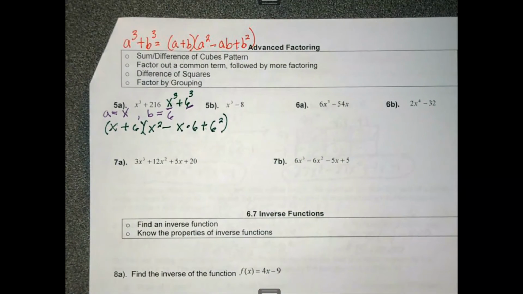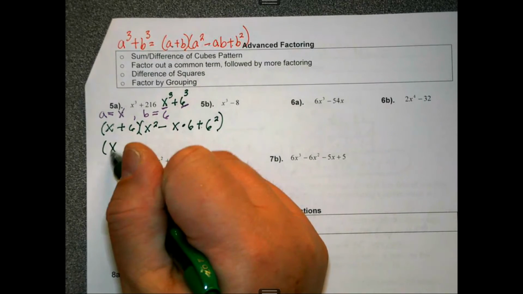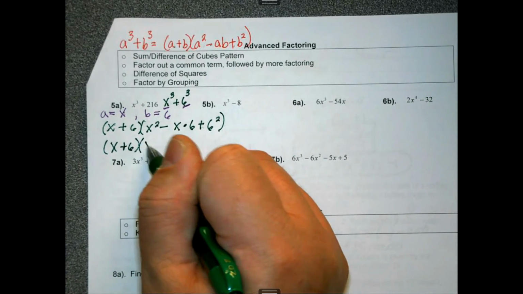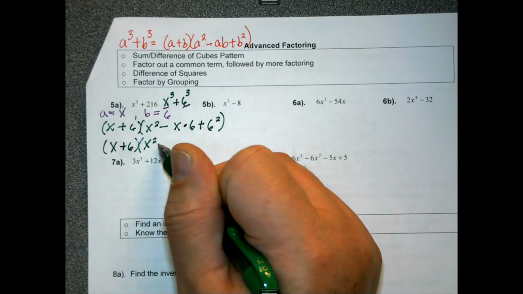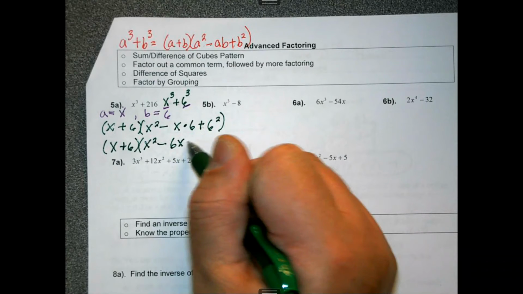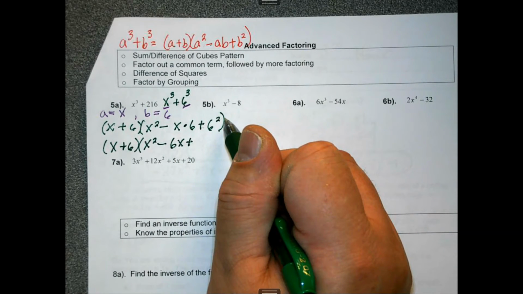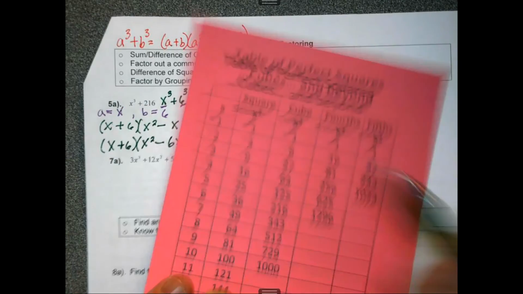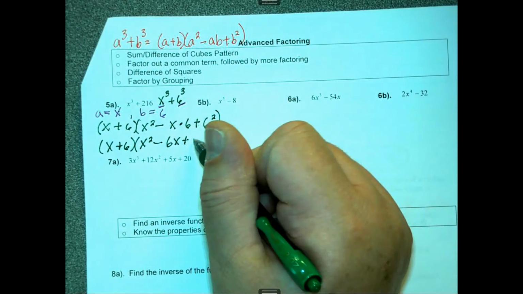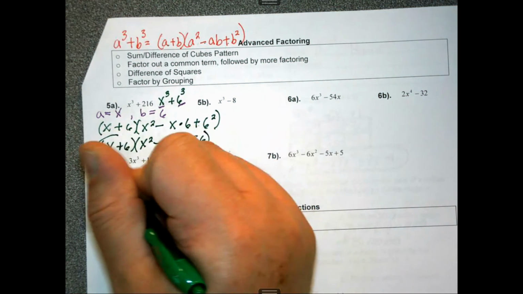Now I just got to simplify it. So I have x plus 6, x squared minus, I'm going to put the 6 in front of the x, 6x, plus 6 squared, 36. There's my answer.